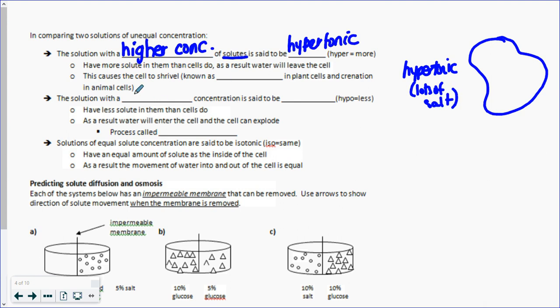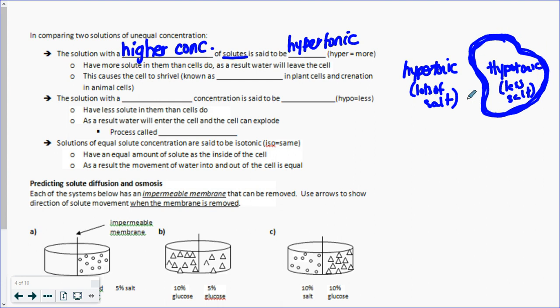The inside part, so this is our cell, we would call this hypotonic. So less salt. So if we had our selectively permeable membrane, and maybe whatever this salt is can't get through the membrane, but water can.